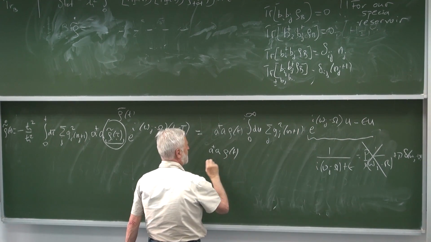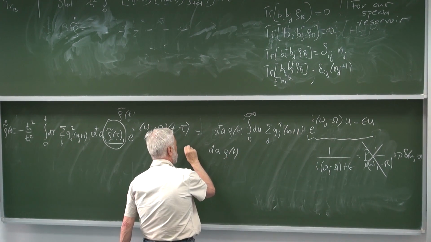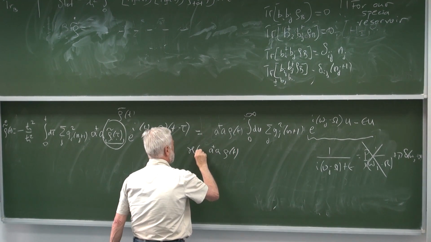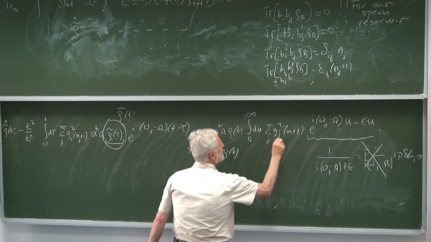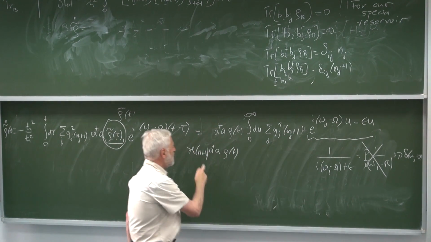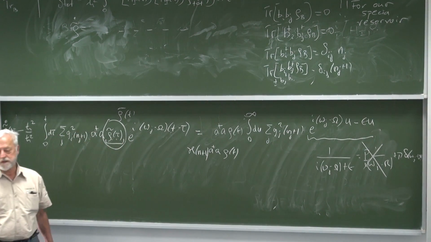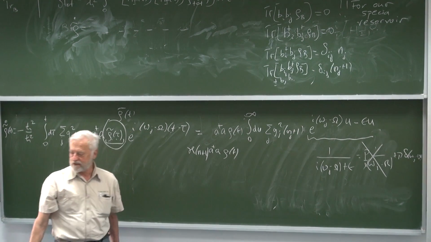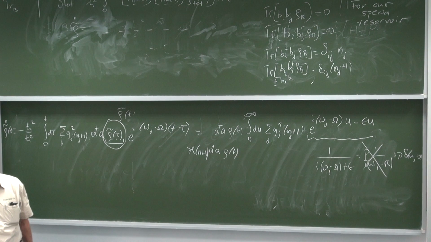Last week we were calling it kappa. And n plus 1 is retained. This time, here I should write n_j, but this time without any subscript. This is the number of quanta at this frequency of the internal oscillator, yes? In the thermal state of that oscillator.